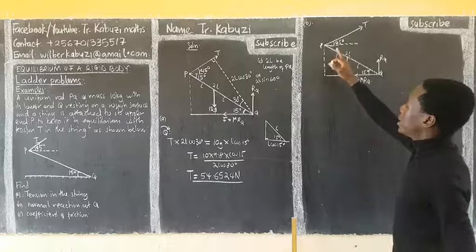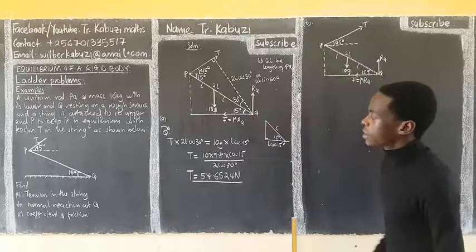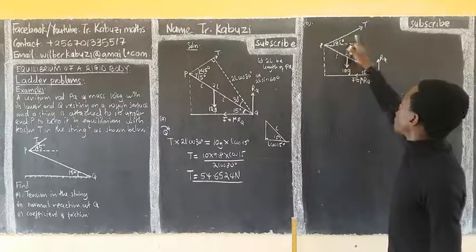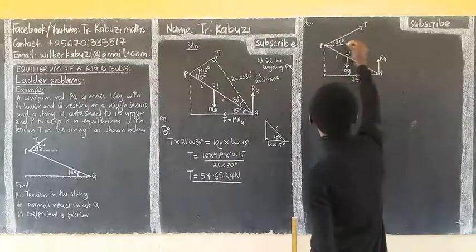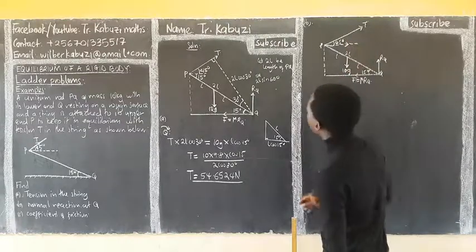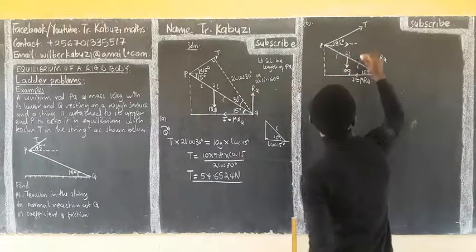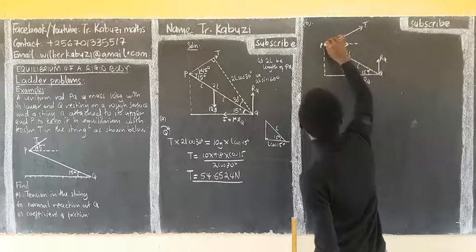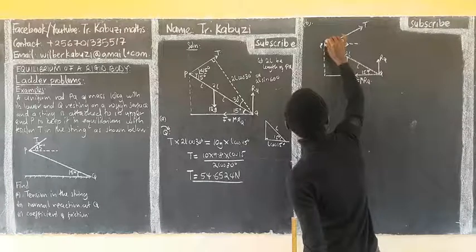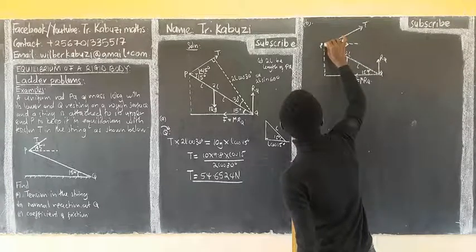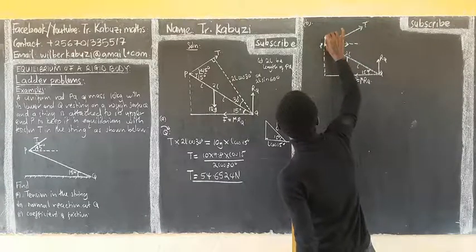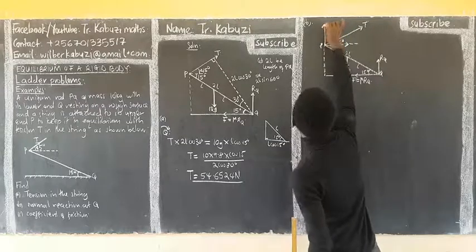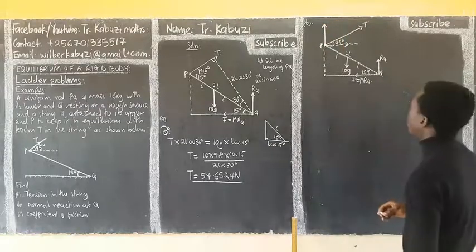So now you see our forces at Q. We need to resolve this T. Resolving it means this is going to be the vertical component, and then the horizontal component you can put here or here, so it's up to you. So now the question is, how are we going to get it?